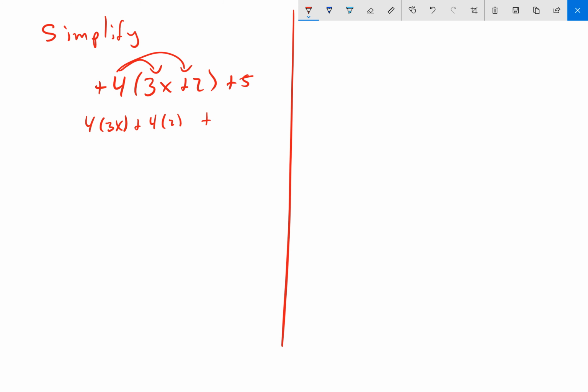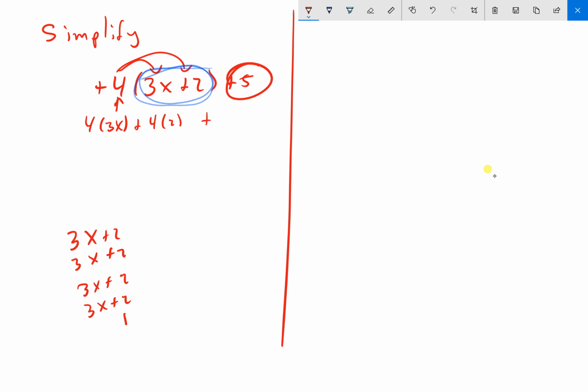What that 4 literally tells me is I have 4 groups, and by groups I am talking about an actual group here, of 3x plus 2. I have 4 groups of 3x plus 2. And then this 5 just tags along, plus 5.